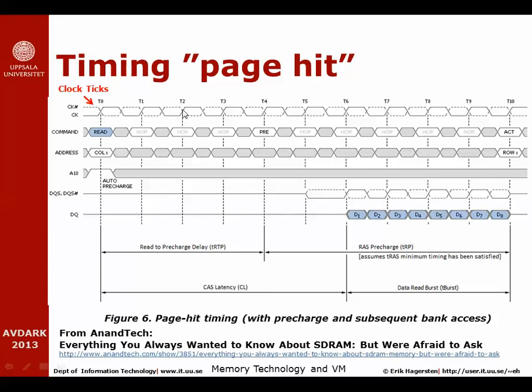Here's the next clock cycle, and so on. At this point in time, we provide the column address because we assume that we already have the correct row address, and the entire row has been read out. And this is when you can start to get the first data. So after clock cycle number 6, you can start to get the data out. And as you can see, the data comes out at a double data rate. Two pieces of data come out in one clock cycle. So here's an example of a very fast access.